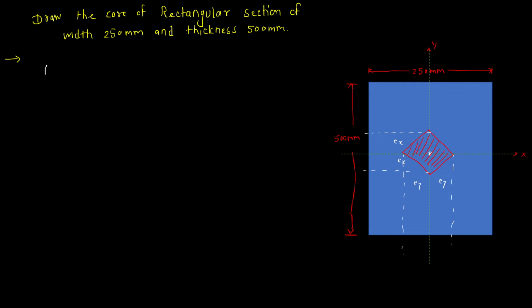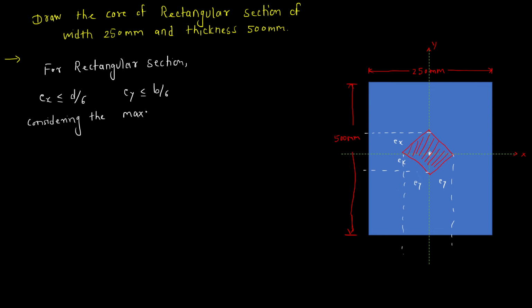Now for rectangular section, what is the value of ex? Ex should be less than or equal to d by 6. Similarly, ey should be less than or equal to b by 6. Now considering the maximum values, that is ex is equal to d by 6 and ey is equal to b by 6.